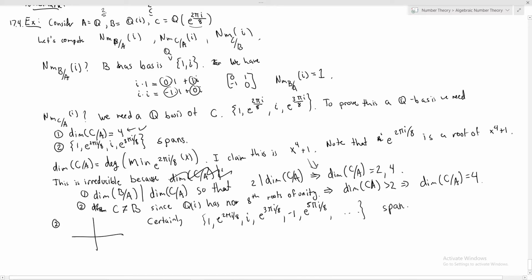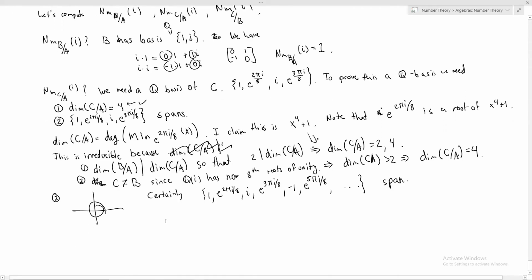Because everything here is essentially a rational polynomial in this guy, and the powers of this thing are one of these eighth roots of unity. Okay. However, if I'm thinking about the unit circle, maybe I'll draw this picture a little bigger.